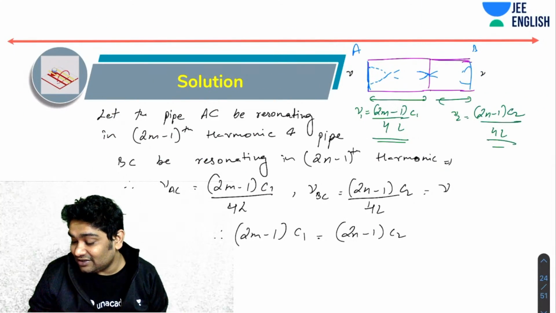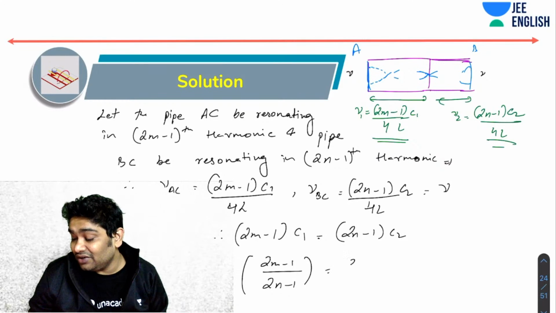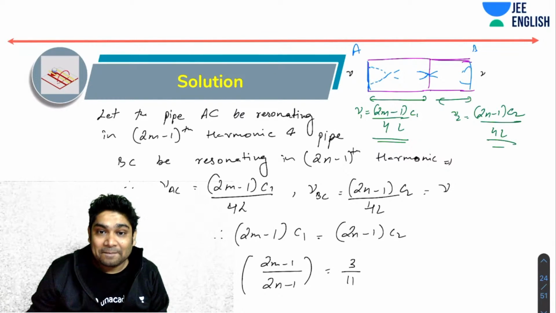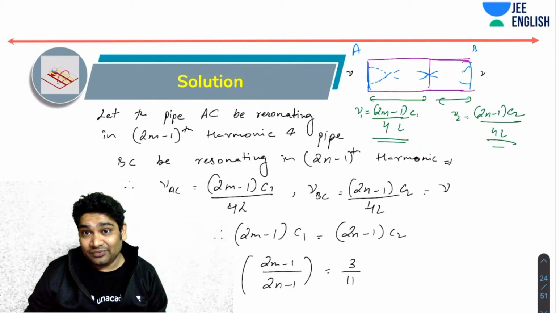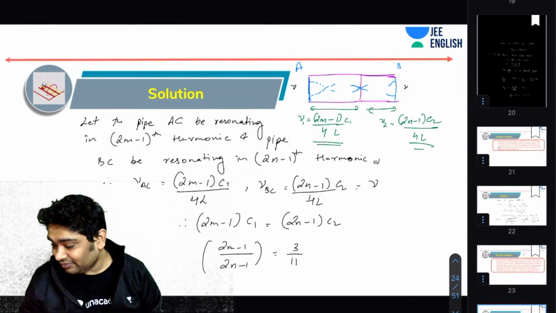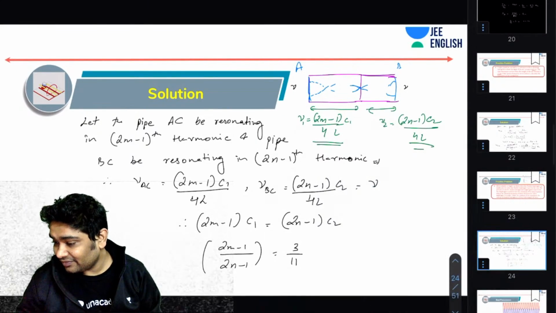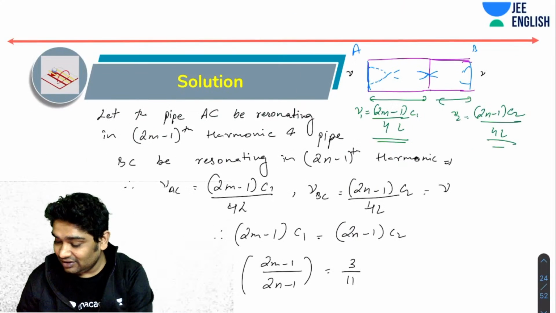Therefore, what I realize is (2m minus 1) over (2n minus 1) would be equal to 3 over 11. Okay, so now here is the part that you need to figure out.